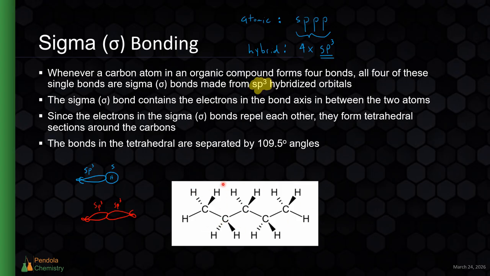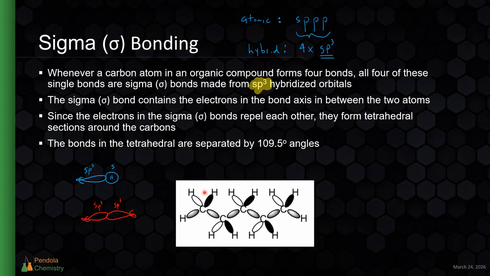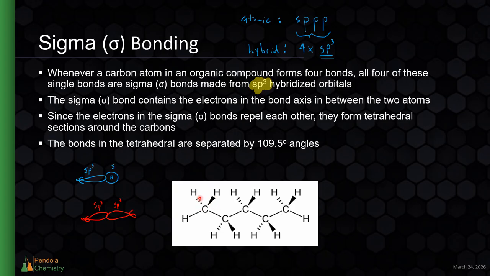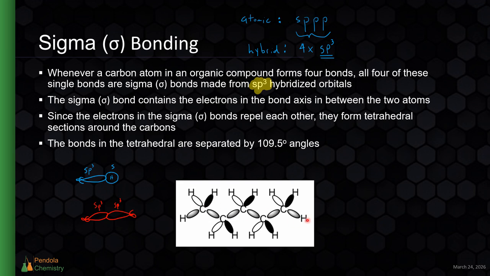So these are the tetrahedral structures that we get around those carbons when they all have only sigma bonds from single bonds. Every one of these bonds, whether they're going forward if they're wedges, or going back away from you if they're dashes, or if they're on the plane, these are all sigma bonds.